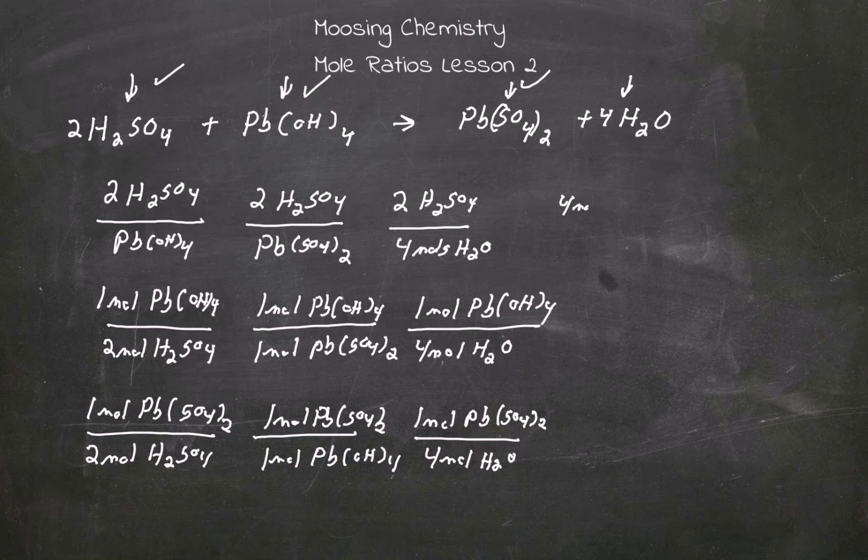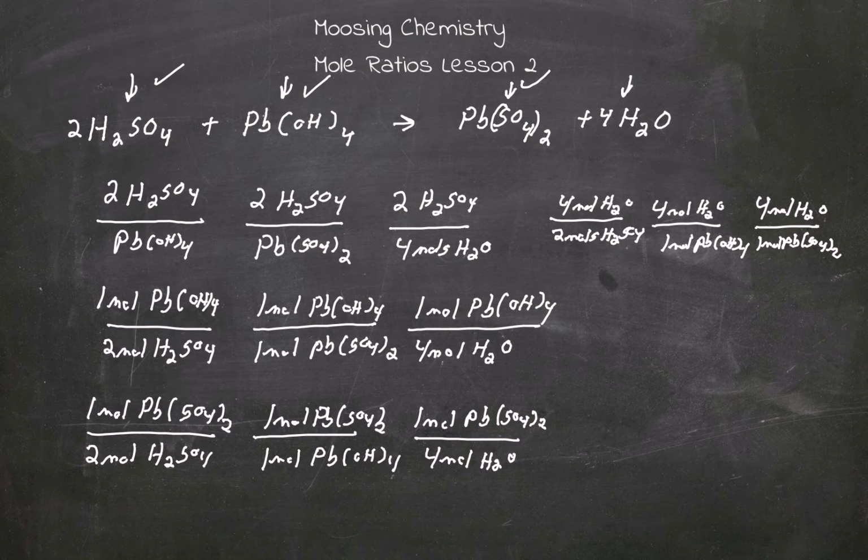So we're going to start off with 4 moles of H2O over 2 moles of H2SO4, 4 moles of H2O over 1 mole of PbOH4, and then of course 4 moles of H2O again over 1 mole of PbSO4. Alright, so that takes care of that.